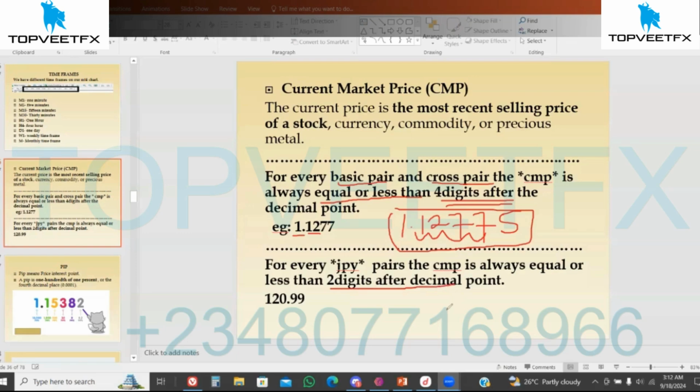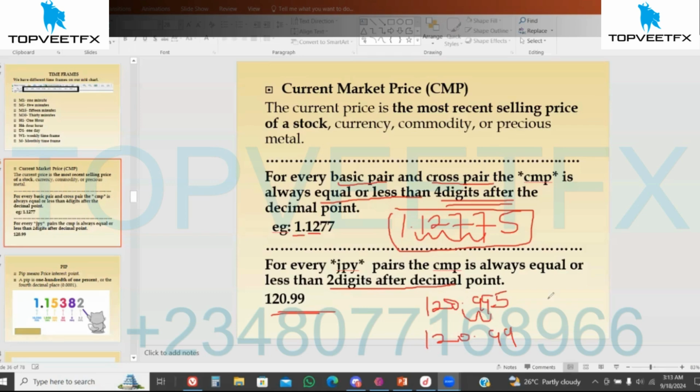the decimal point. So you might be given 120.995. Now, 2 digits after the decimal point is 1, 2. So the current market price is going to be 120.99 as it is written here.